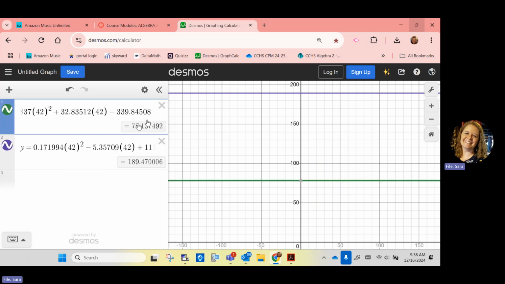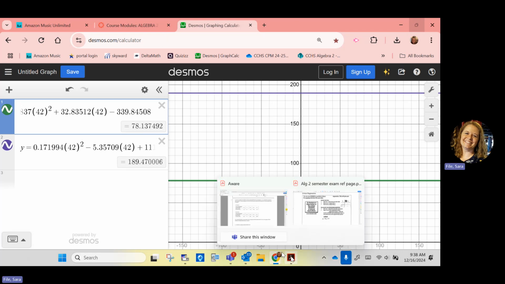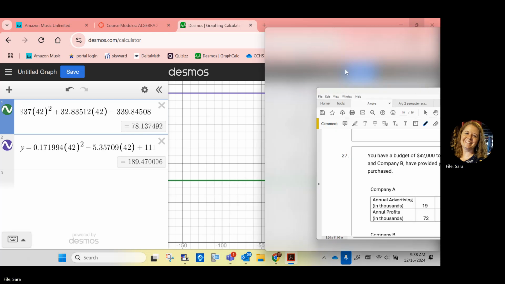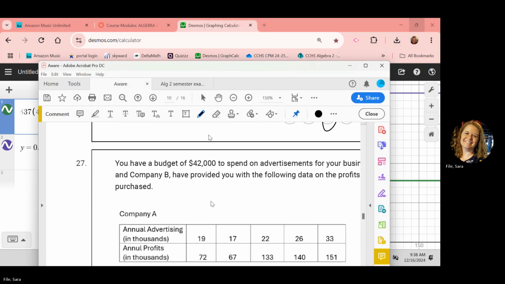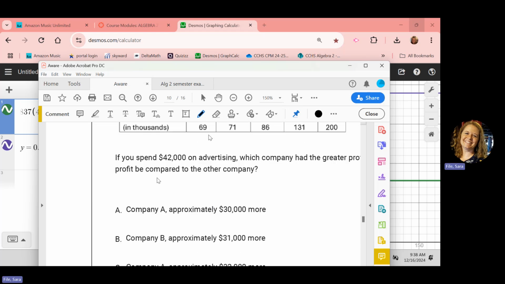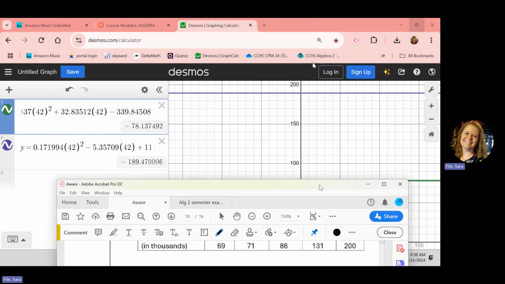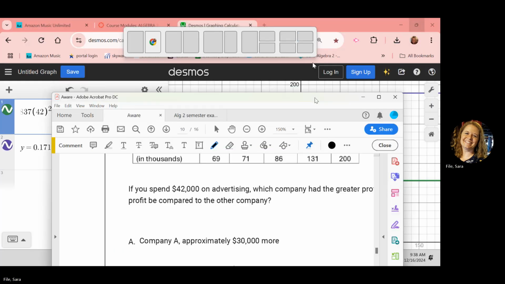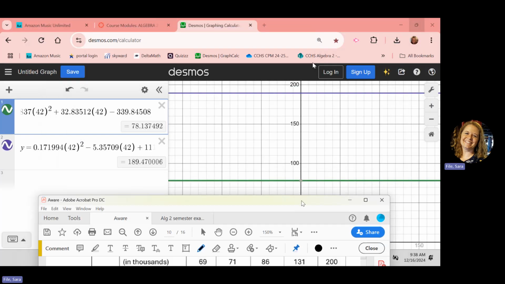All right, so that was company A on top, company B on bottom. So the better profits are going to be with company B. That is still a lot bigger than a $30,000 difference.